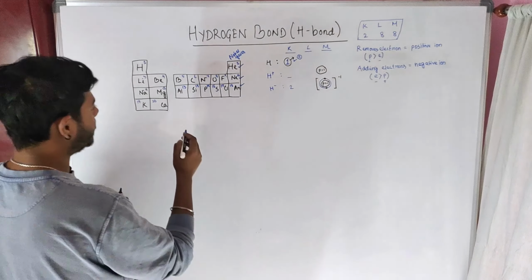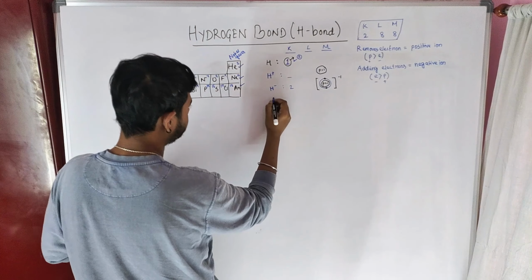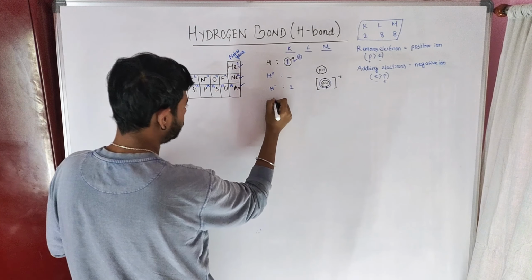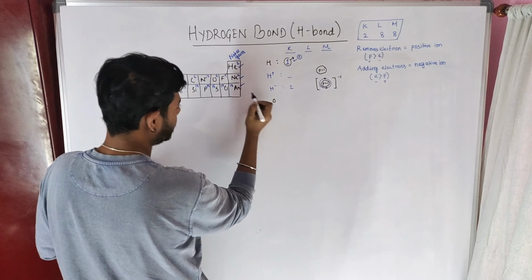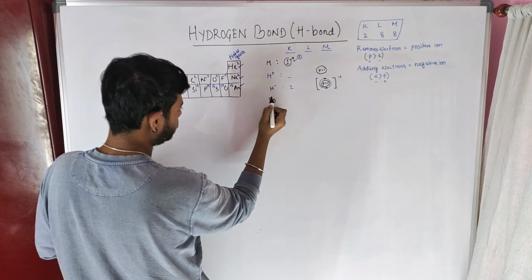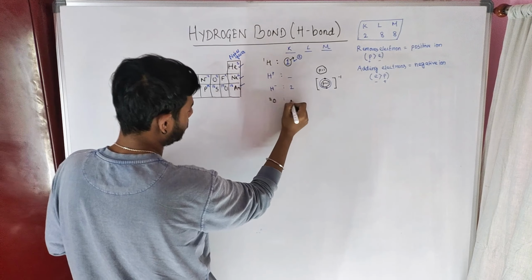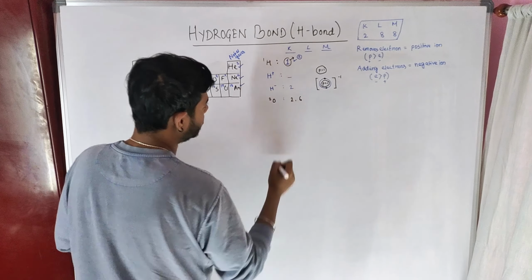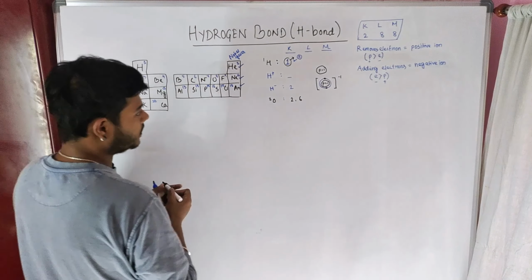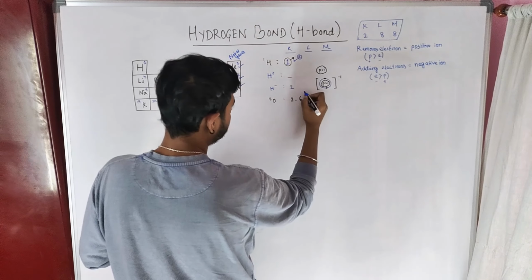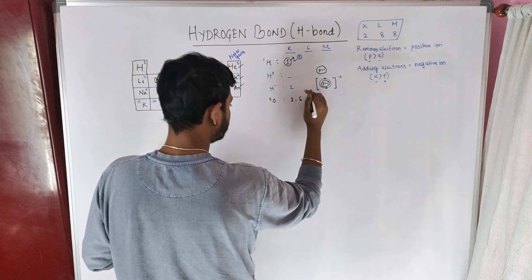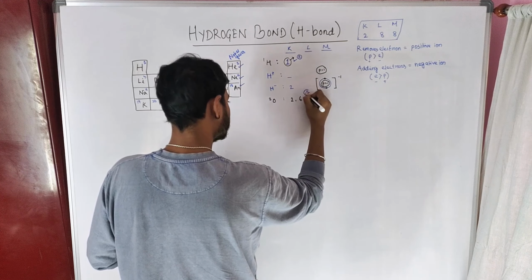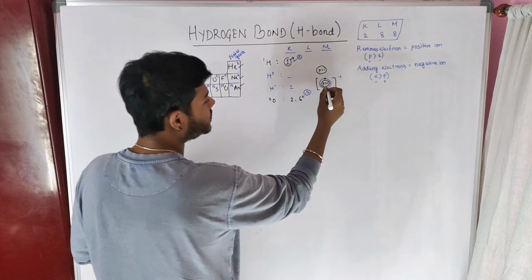Next, if we consider oxygen, oxygen has an atomic number of 8. So oxygen will have 2,6 electronic configuration. So oxygen will either take in 2 electrons or it will try to remove 6 electrons.